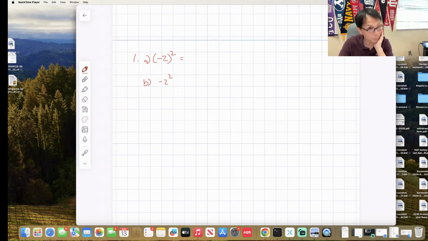Right, because PEMDAS tells you parentheses, exponent, so you have to write out -2 times -2. And that way this is a 4. Okay. The second one is what? But why is that? You do the exponent of 2 squared and then you just carry the negative, because there are no more parentheses, right? So there was a small, minor difference. This is -4. That's good. So this is gonna happen first, and then it's gonna apply the negative. Okay.